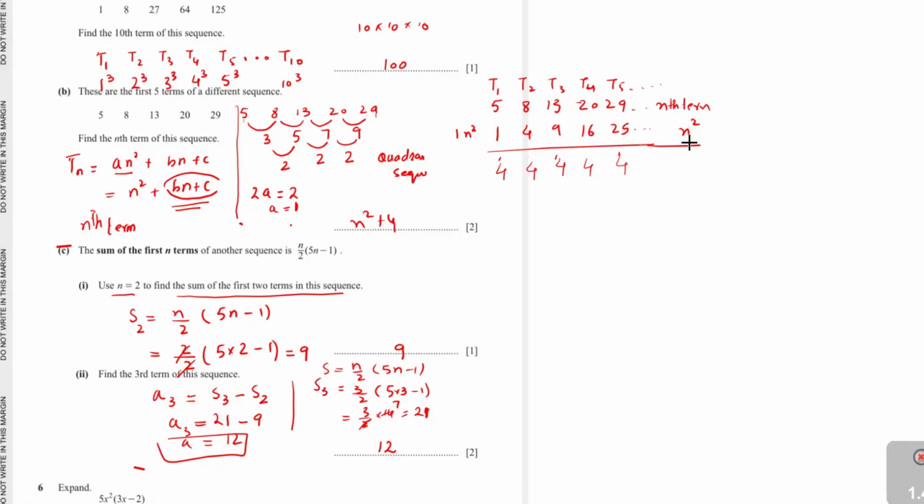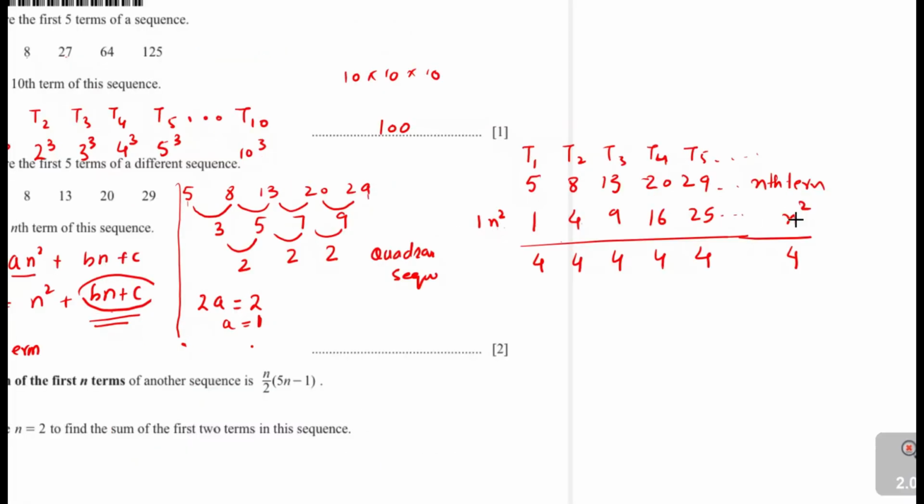Therefore, the nth term difference value is also 4. We can write the nth term minus n square equal to 4, and this nth term will be equal to n square plus 4. And this is the solution.